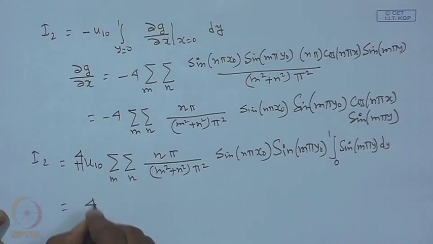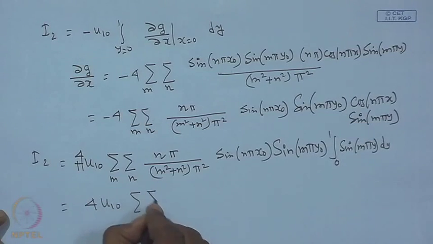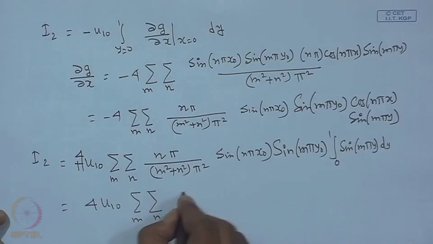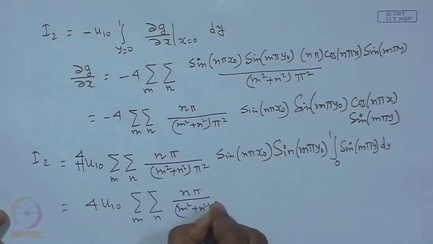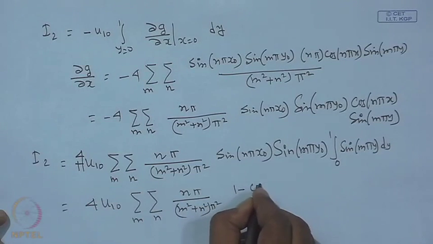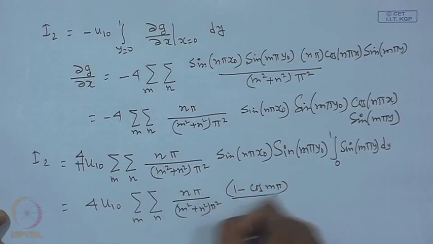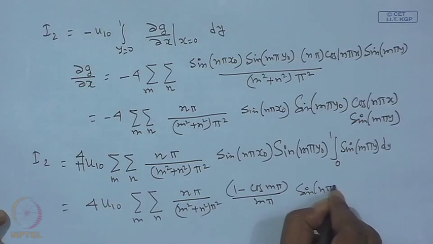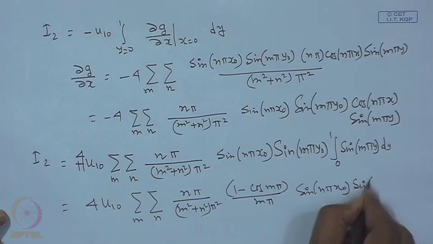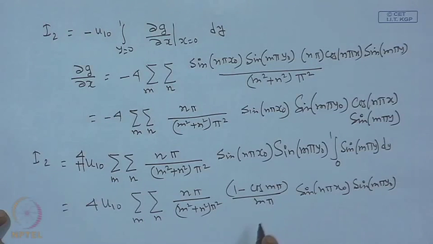So, this will be 4 u10 summation over m, summation over n, n pi over m square plus n square pi square, 1 minus cosine m pi divided by m pi, sin n pi x naught sin m pi y naught. So, one pi will be cancelling out. It will be n into cosine m pi divided by m into m square plus n square pi square, sin n pi x naught sin m pi y naught.